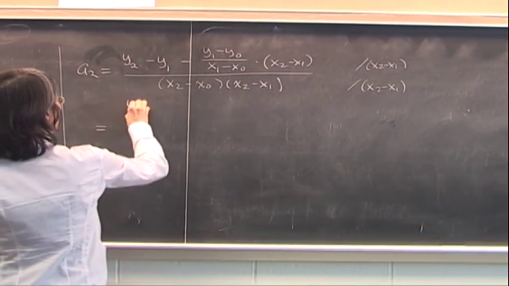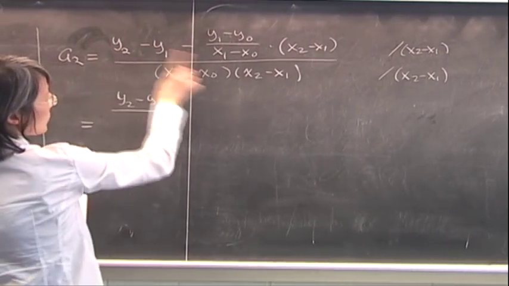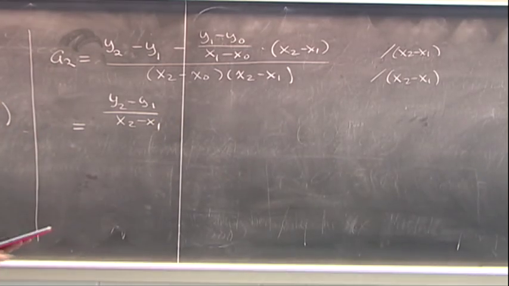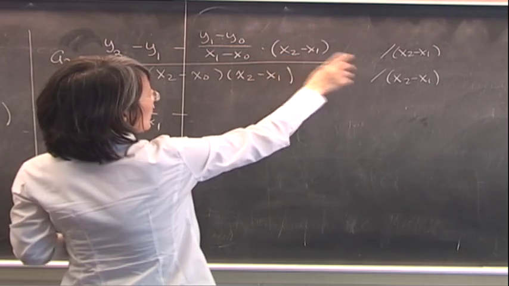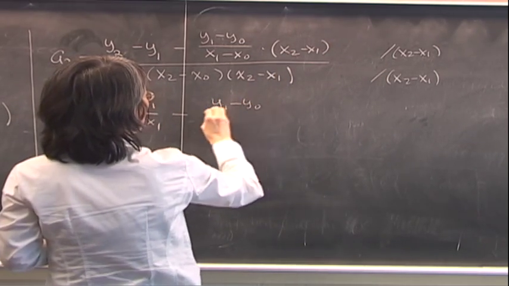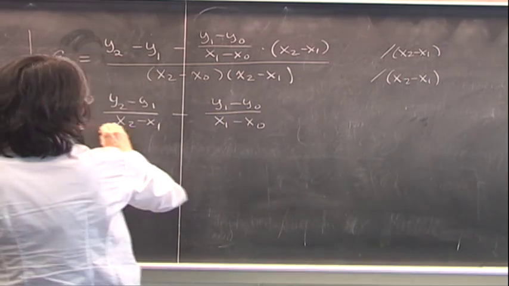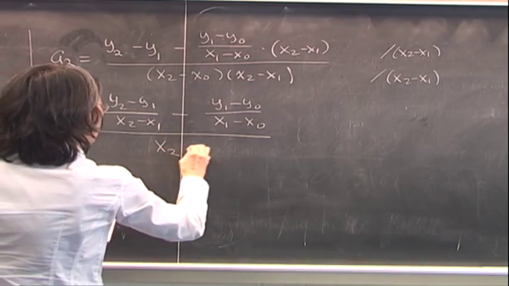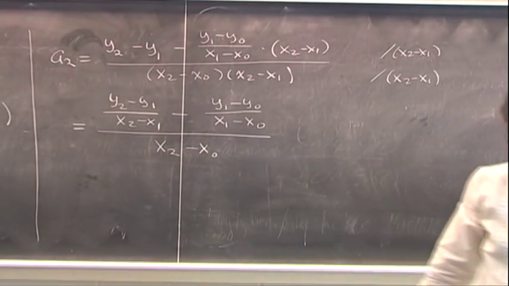So I will have y2 minus y1, this is the numerator, divided by x2 minus x1, right? Minus, so this term times that divided by that, so that's gone. I get y1 minus y0 over x1 minus x0. Okay, and the denominator, I got rid of one factor, so I get only x2 minus x0.